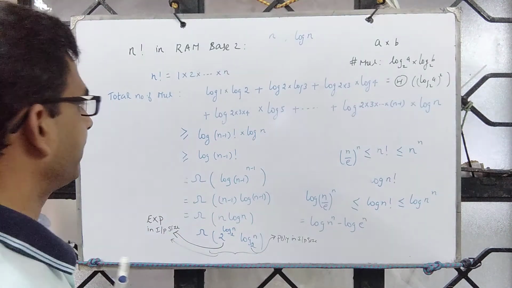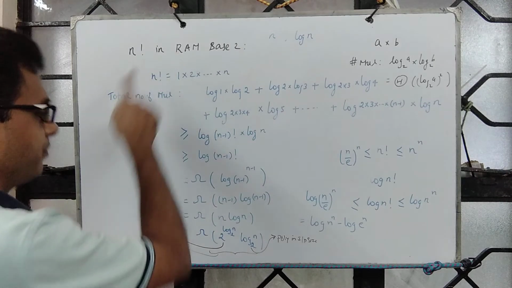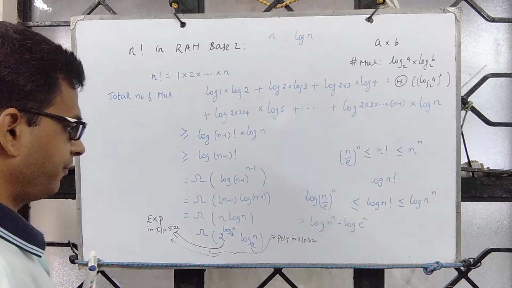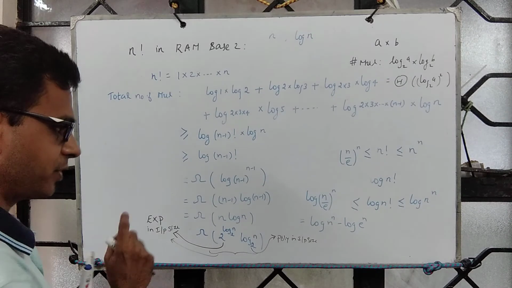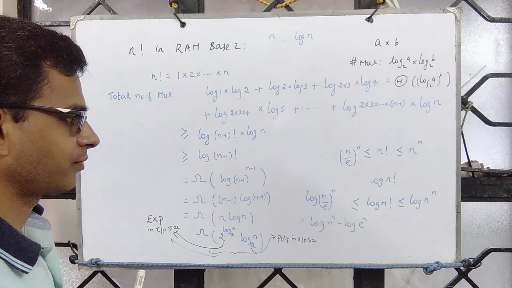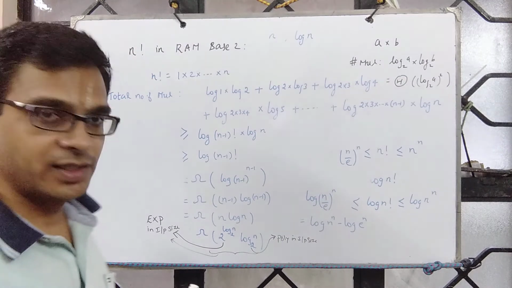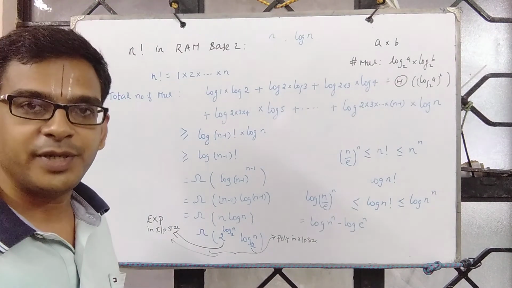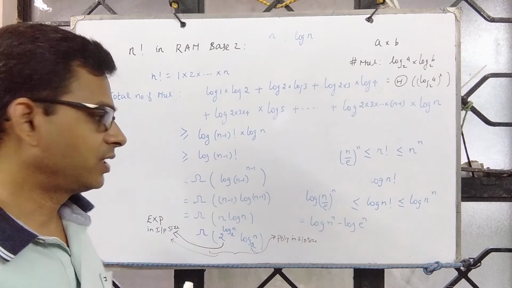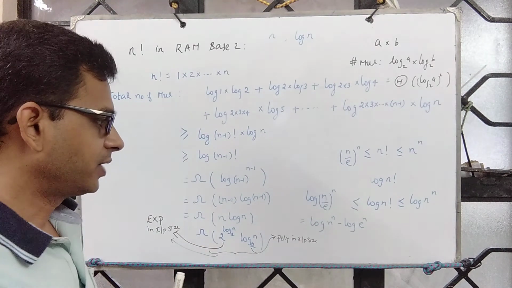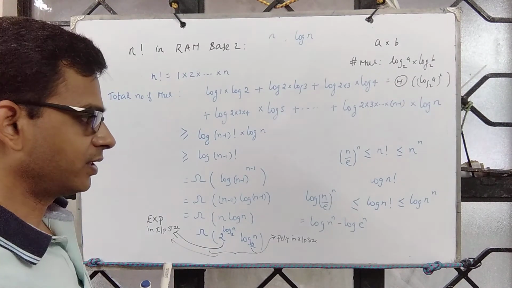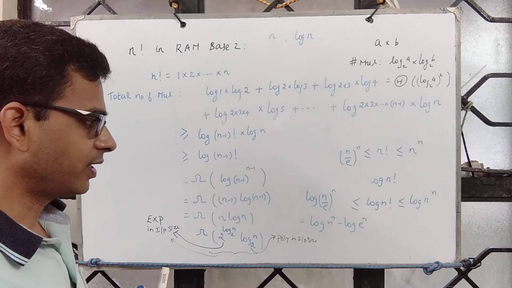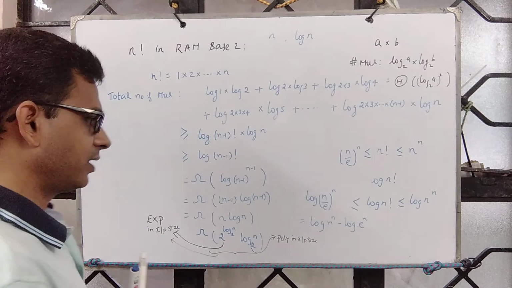That shows that even with respect to RAM base 2 model, n factorial runs in exponential in input size. So whether it is TM unary representation or RAM base 2 base 10 representation, in all of them computing n factorial runs in exponential in input size.